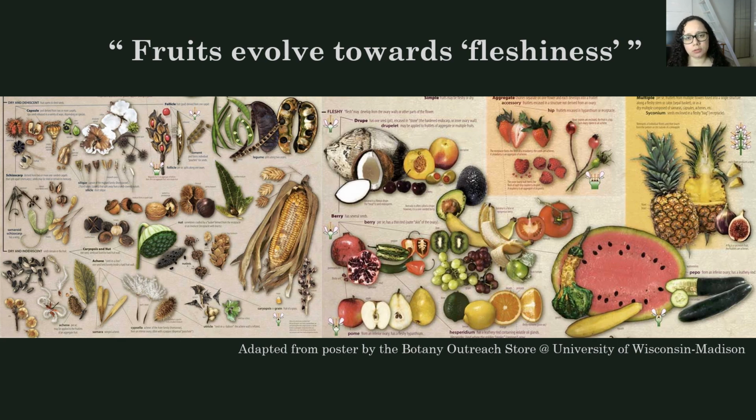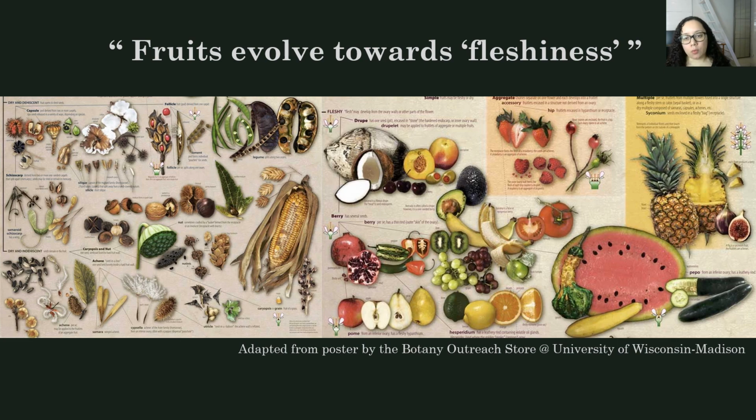And this is most likely due to the diversification of birds and mammals and their roles as dispersers of seeds, meaning that the pressure to keep developing and maintaining lineages with fleshy fruits would carry on given those two main dispersers.